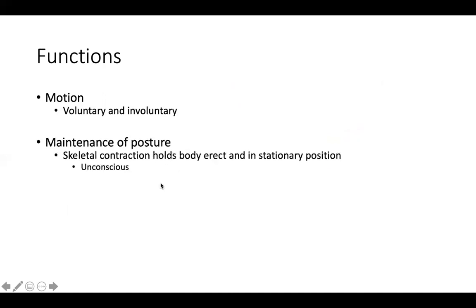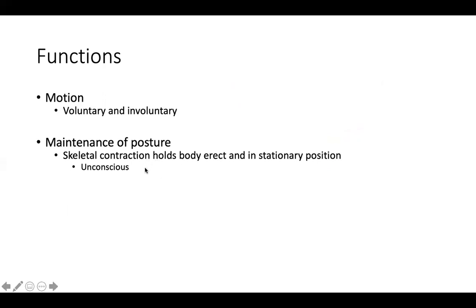All right, we've got our motions, both voluntary and involuntary. I'll give you an example of involuntary later. Maintenance of posture: the whole time we're sitting or standing around, our body is held in a position and our brain is unconsciously activating muscles to allow that to happen.